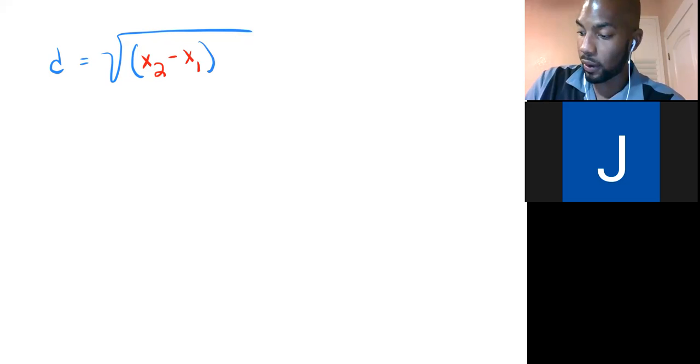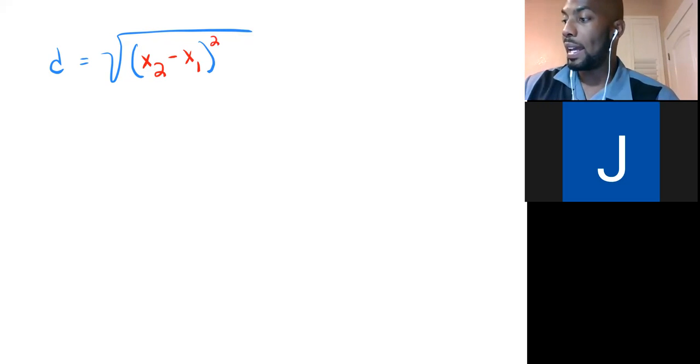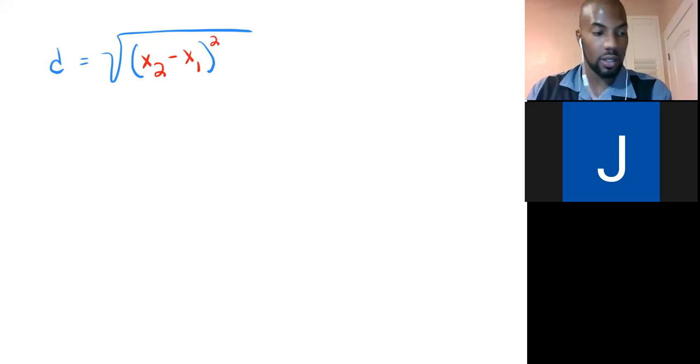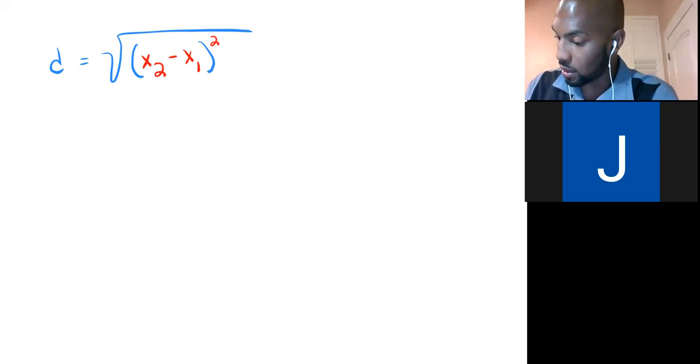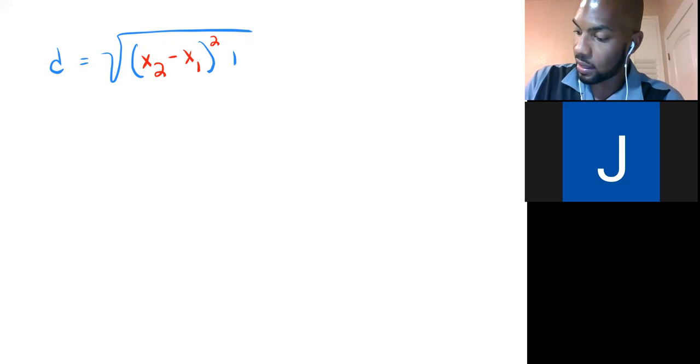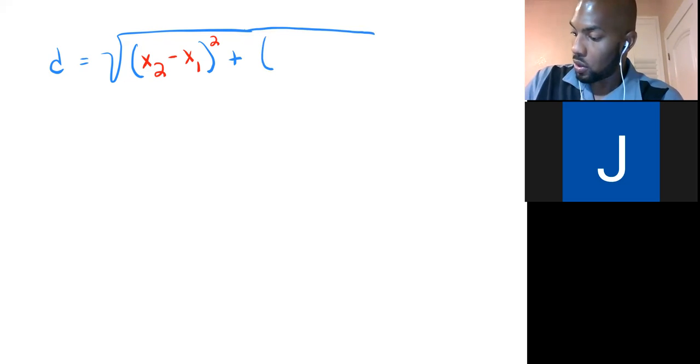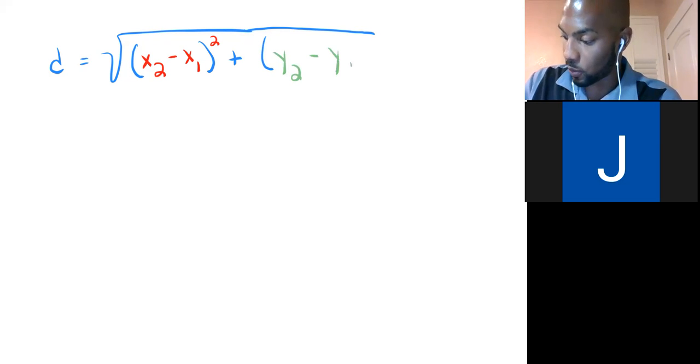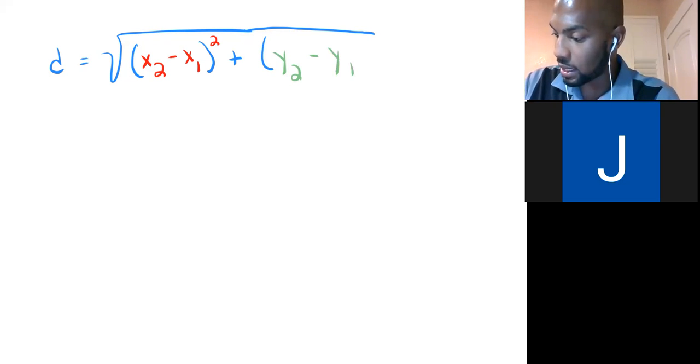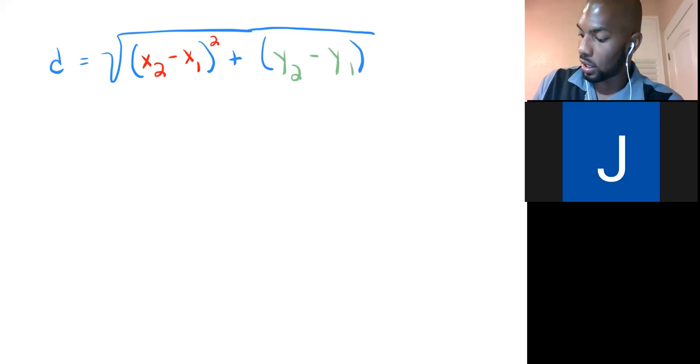And then you're going to square it. And then the rest of it is addition, excuse me. Plus the position of your second y minus the position of your first y. That gives you the distance between 2 points. And you're also going to square that.